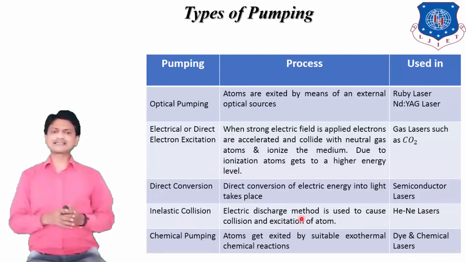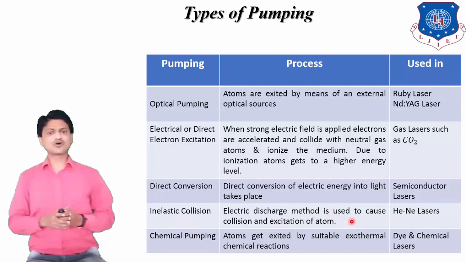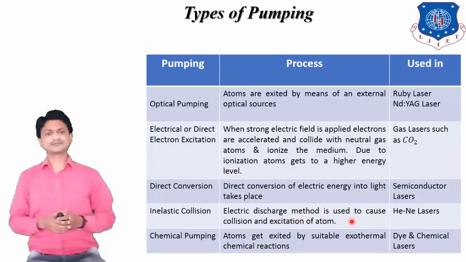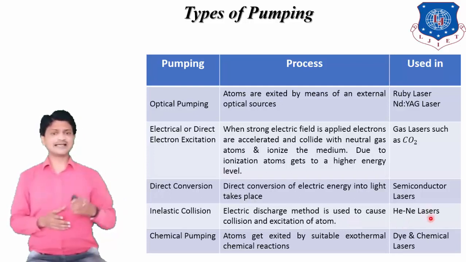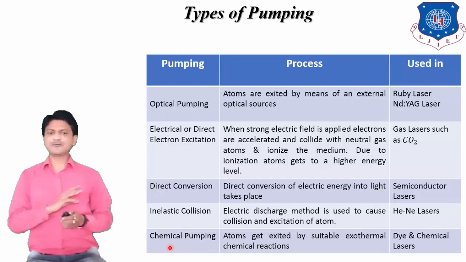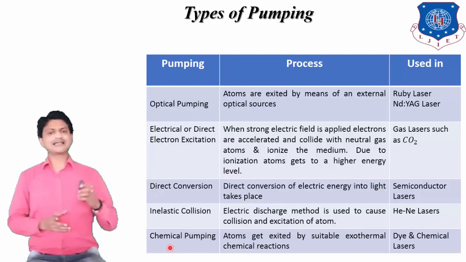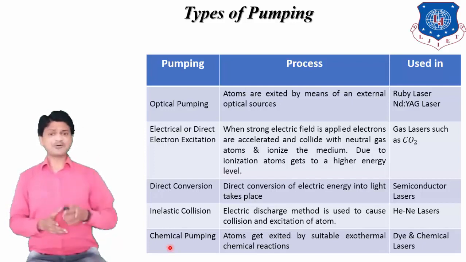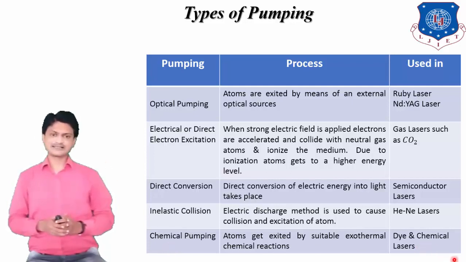An electric discharge method is used to cause collision and excitation of atoms. This process is used in helium neon laser, or we can say HeNe laser. And last is chemical pumping. Here atoms get excited by suitable chemical reactions. This type of pumping is used in dye and chemical lasers.